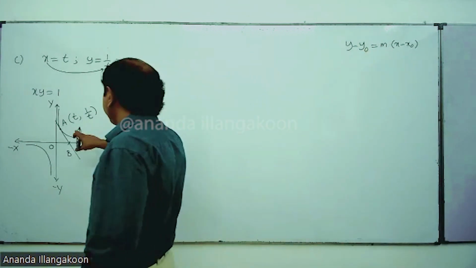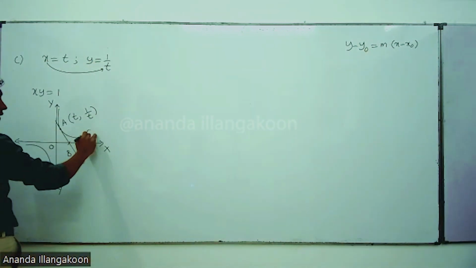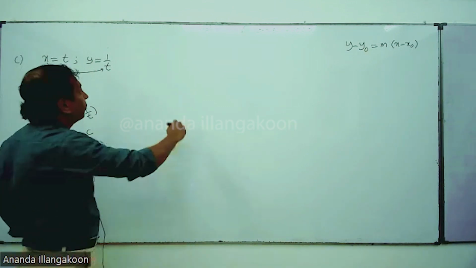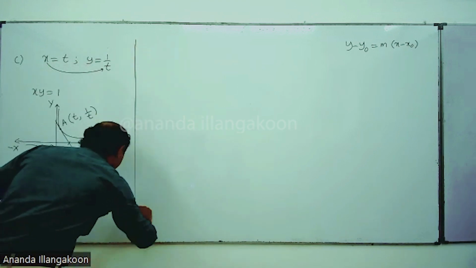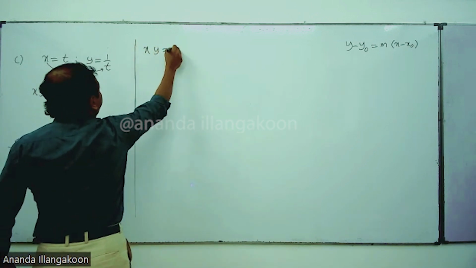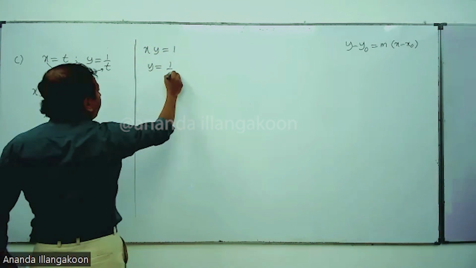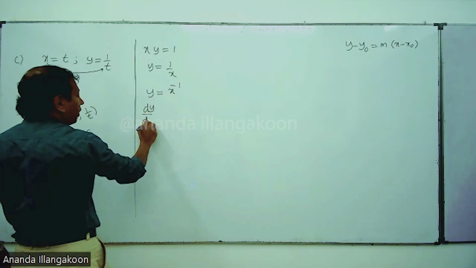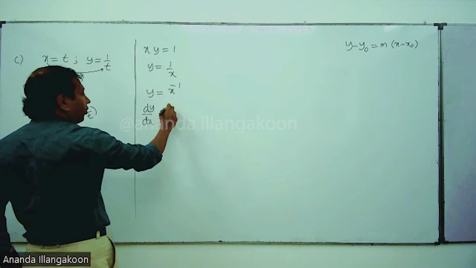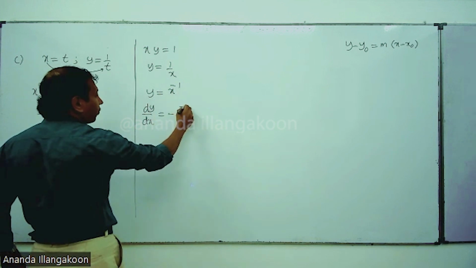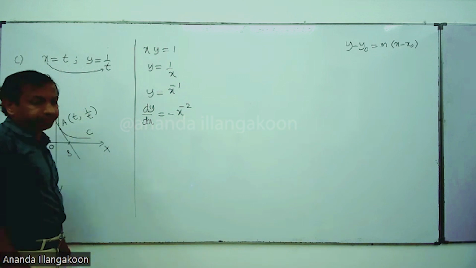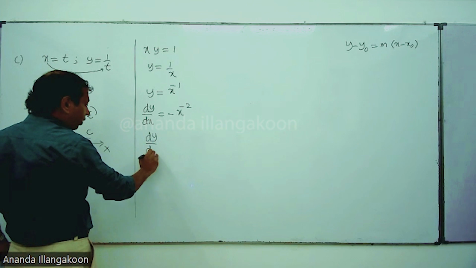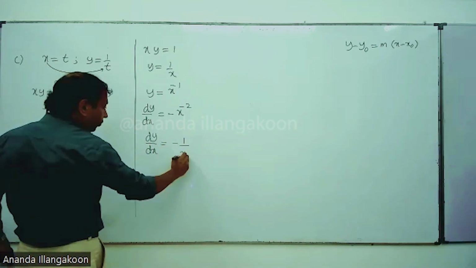The gradient can be found by differentiating the equation of this hyperbola C. Its equation we can take in the form xy equals 1, which is much easier to simplify. xy equals 1, y equals 1 upon x, which is x to the power minus 1. Now dy by dx is, bringing this minus 1 before, x to the power minus 2. Then dy by dx is equal to minus 1 upon x squared.